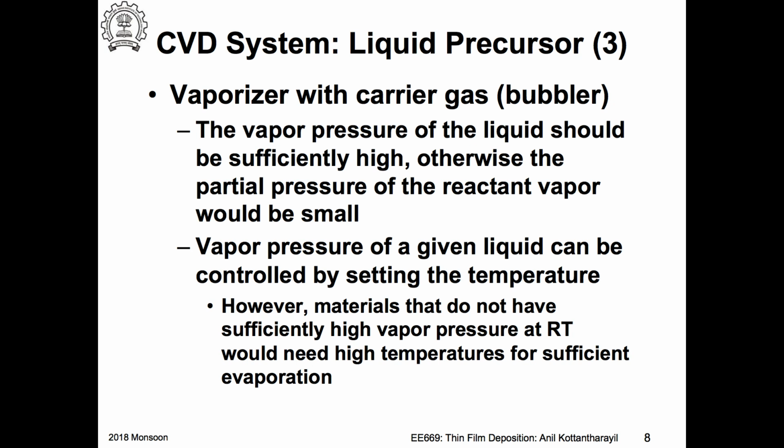What comes out would be a mixture of the vapor of this liquid and the carrier gas. So the partial pressure of the reactant vapor in that gas mixture would be small. It would be mostly just, let's say, if I use argon, only argon, right? So I should have sufficiently high vapor pressure for this.